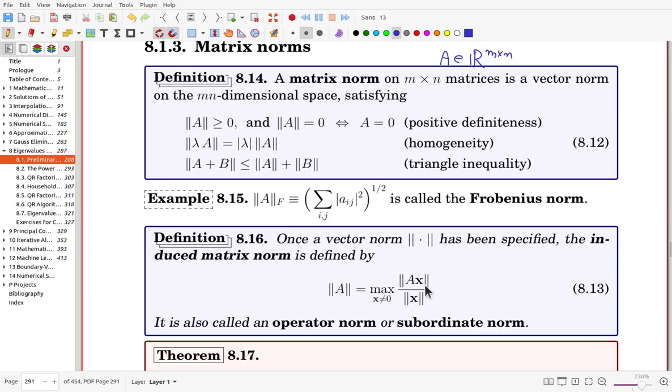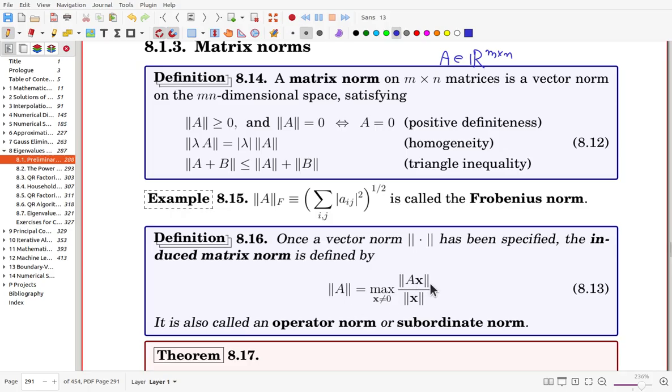The same vector norm will be used to measure x, the length of x, and the ratio, once x is non-zero, among all possible x. Now try to get this ratio maximized. Then the quantity is the matrix norm in the same sense.